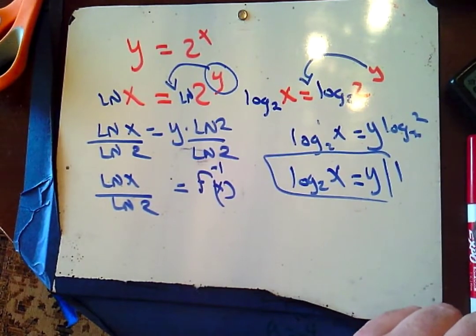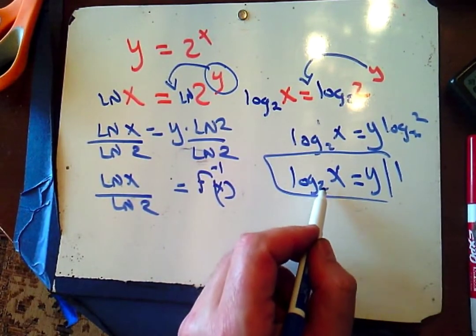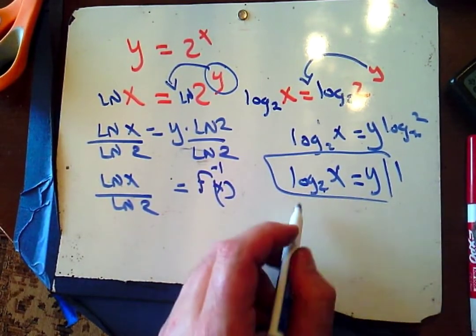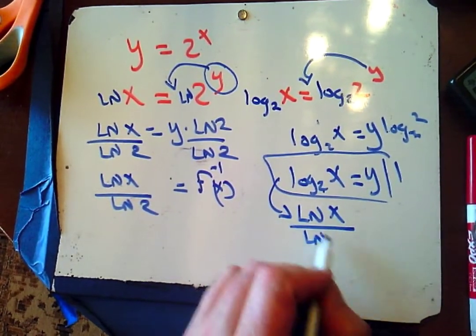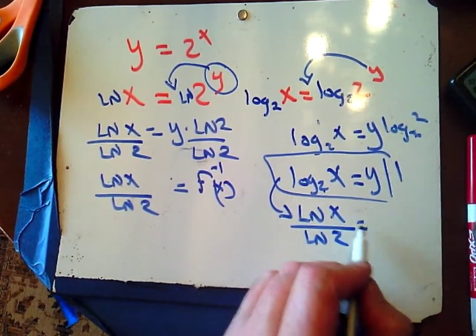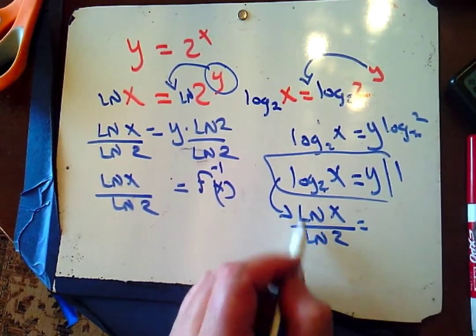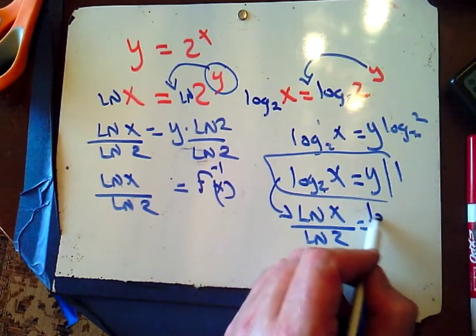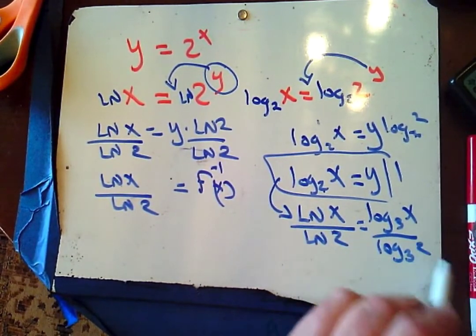And remember that change of base formula I just mentioned? Well, surprise! The change of base formula says when you see this base, you can rewrite this as ln of x over ln of the base. You could actually rewrite it with any log base. It doesn't have to be log base e like these ln's. We could also do log base 3 of x over log base 3 of 2.